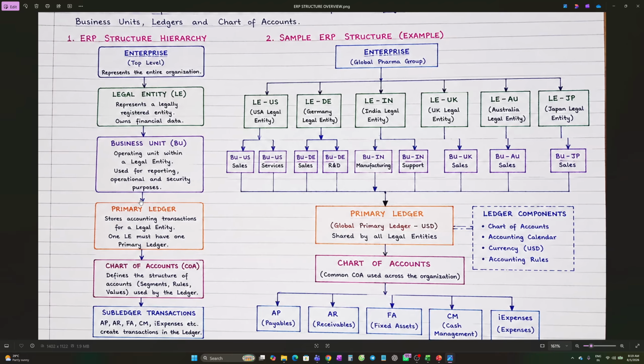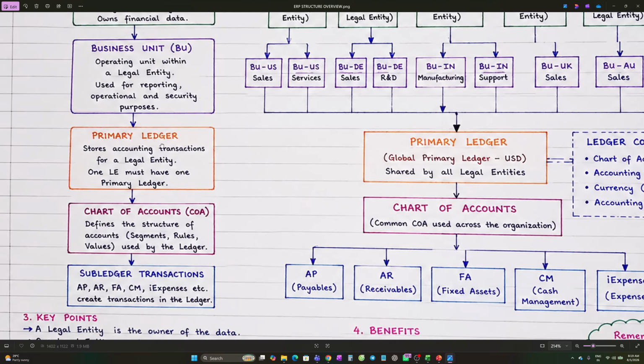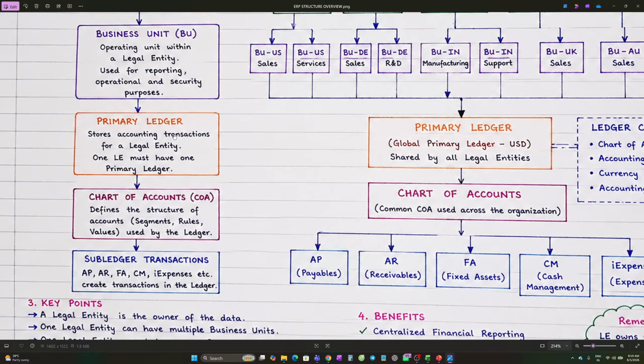Okay, we already discussed that under the business unit we have a primary ledger. The primary ledger consists of chart of accounts, calendar, currency, and accounting conventional methods. With the combination of these four elements, we can create the primary ledger. The primary ledger stores the accounting transactions for a legal entity.